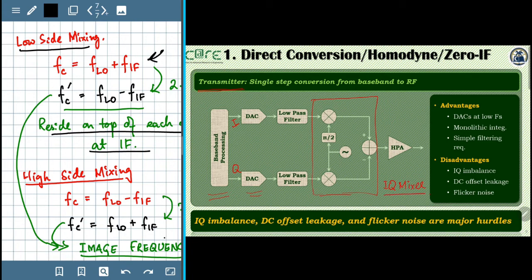mixer. The IQ mixer accepts two branches, the in phase and the quadrature phase. It is then using a local oscillator with a quadrature phase shift of pi by 2 to multiply the two branches and then add them together, one with a positive and the other with a negative sign.